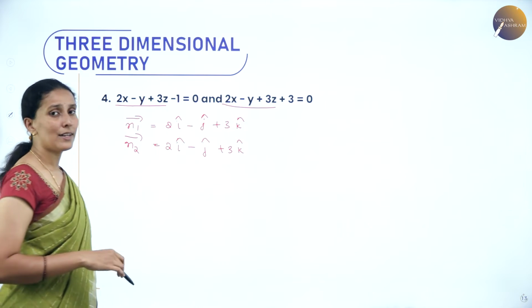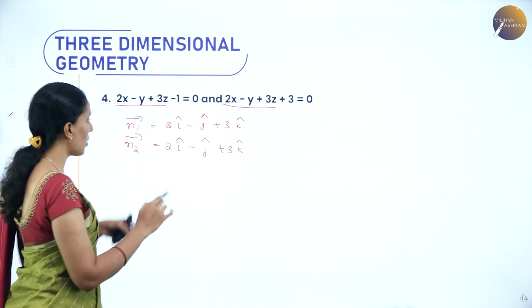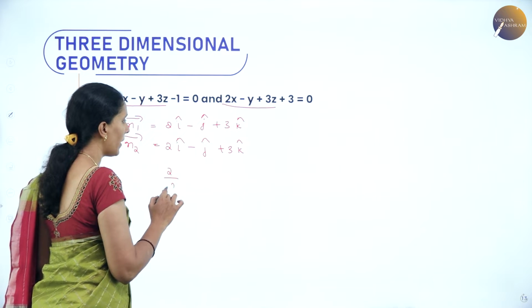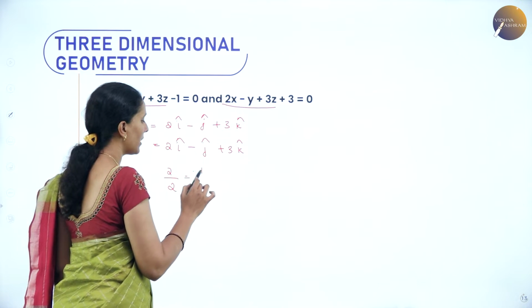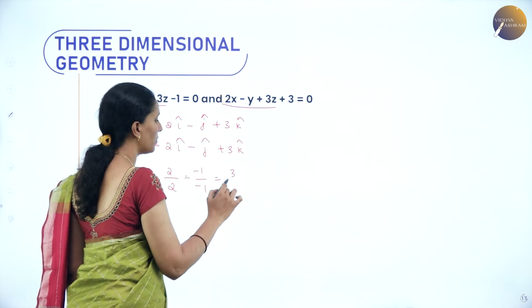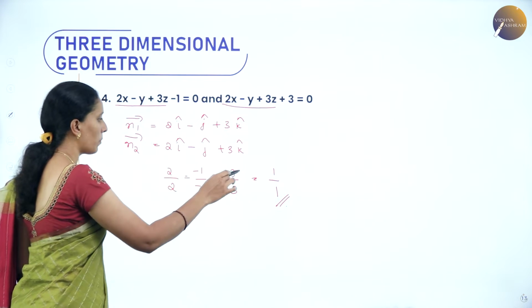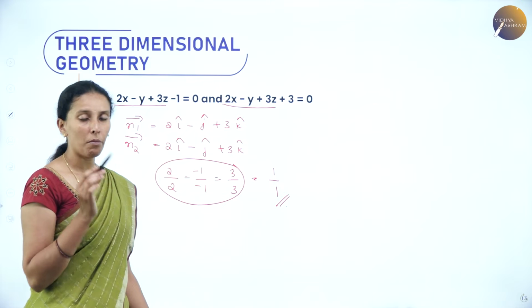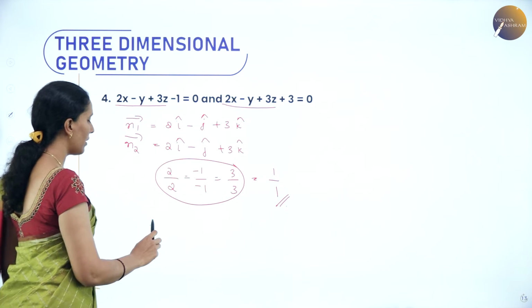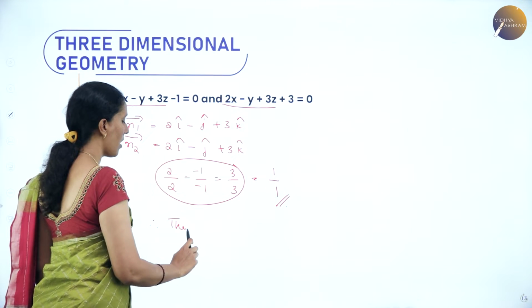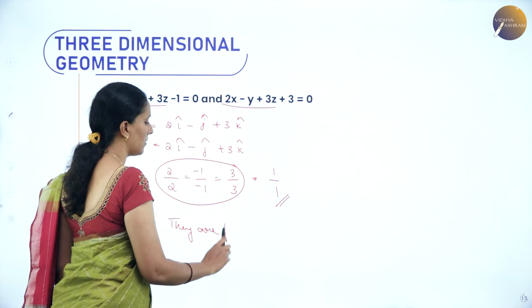So both vectors are one and the same. We can also see that 2 by 2 is the same as minus 1 by minus 1, which is equal to 3 by 3, which is equal to 1 by 1. All are in proportion. All values will be in the form of 1 by 1. So clearly we can say they are parallel.